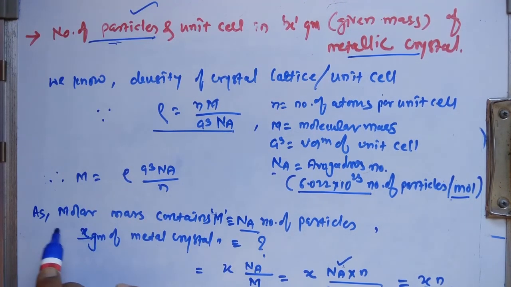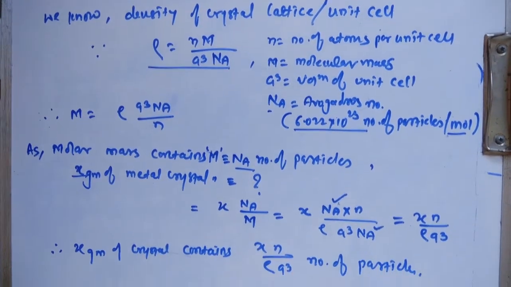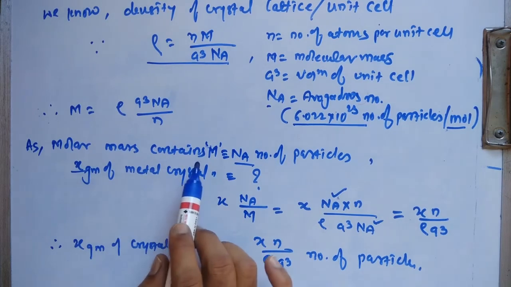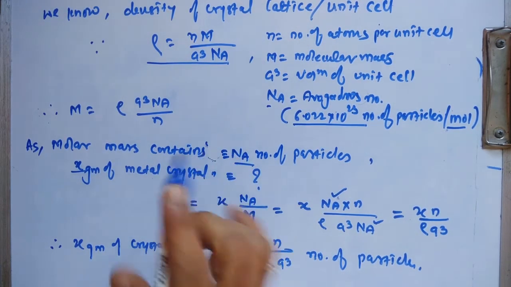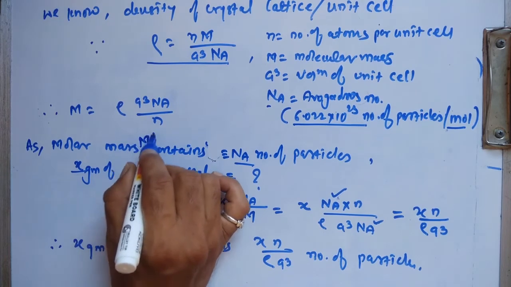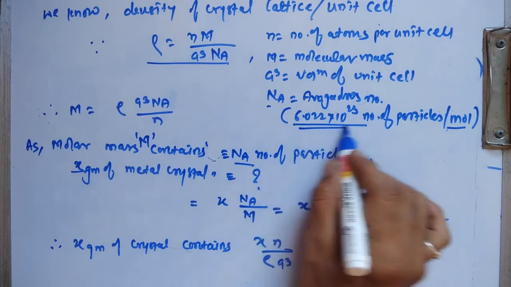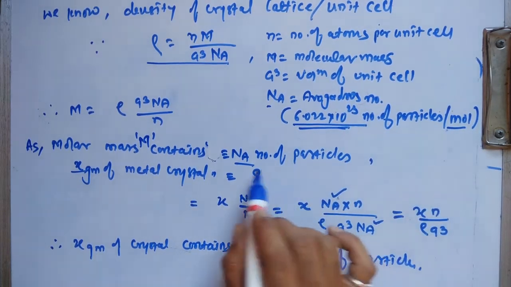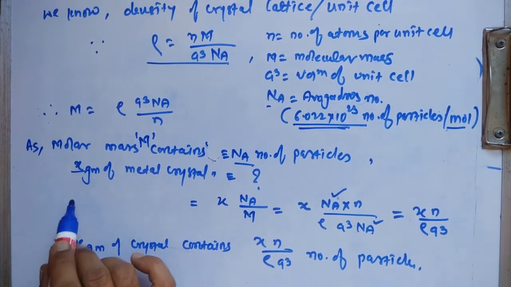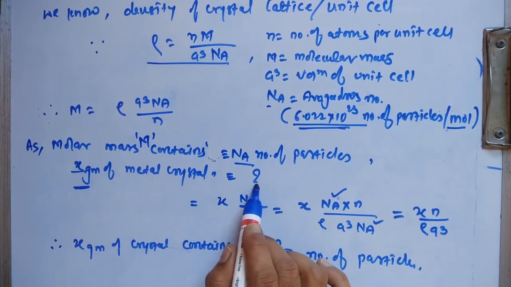Now we can represent here, molar mass M contains Na number of particles, because this much particles are per mole. Then X, the given mass of a metal crystal, contains how many particles?